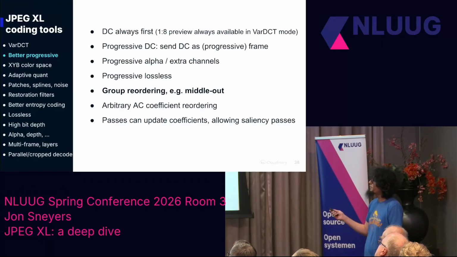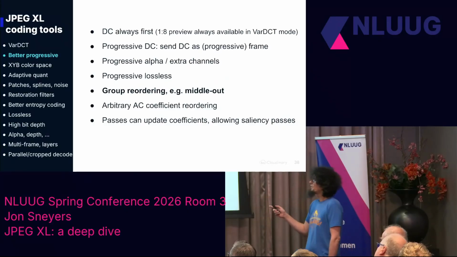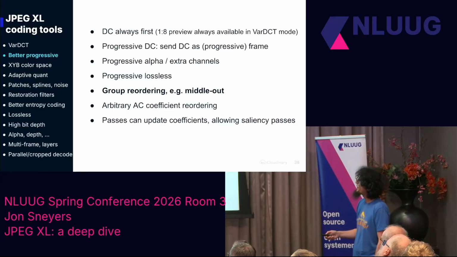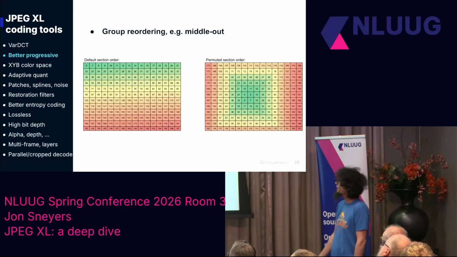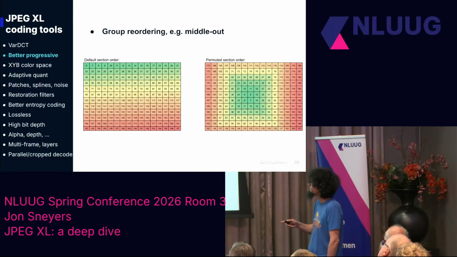There's lots of things we added to make the progressive work better, and I don't have time to go over all of them. Now we'll discuss one thing, which is the group reordering. So in the old JPEG, everything is done in scan lines, left to right, top to bottom. In JPEG XL, you can signal which order you want to deliver the data in.